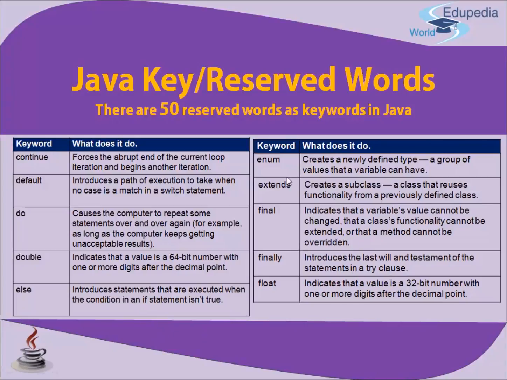Then moving on to the enum, that creates a newly defined type, a group of values that a variable can have. Then you have the extends keyword, that is used to create a subclass, a class that reuses functionality from a previously defined class. The concept here is the parent and child class.